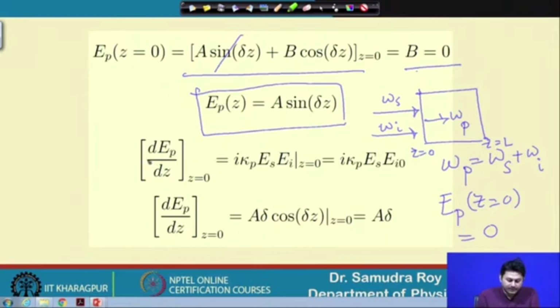So, dEP/dz at z equal to 0 is essentially i kappa p Es Ei. So, this value at z equal to 0 is simply i kappa p Es Ei(0).